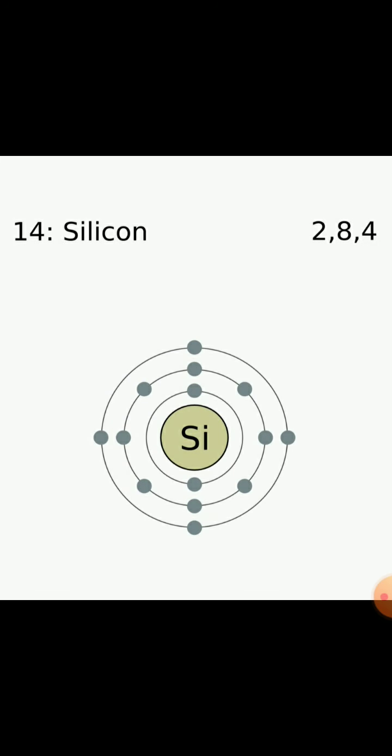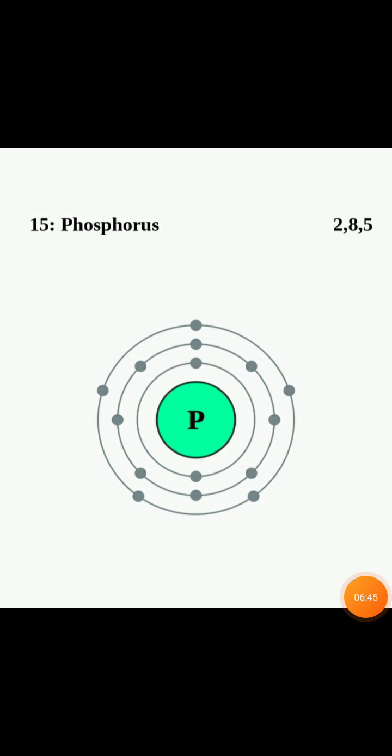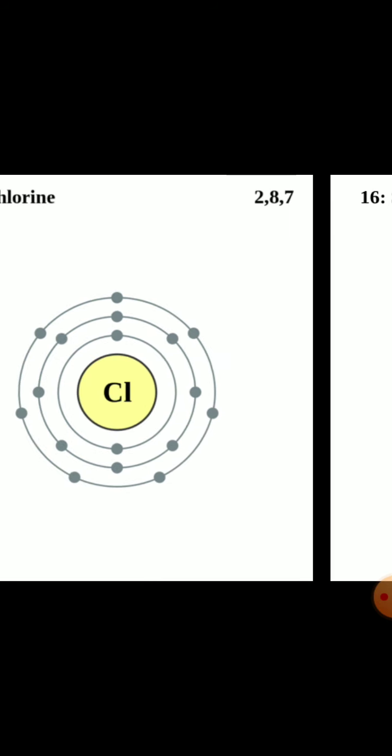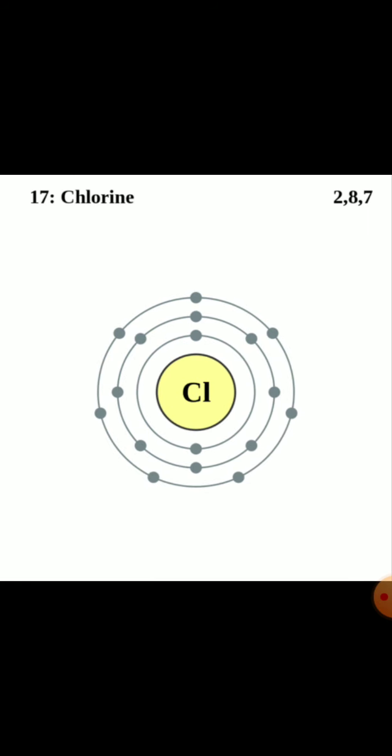Silicon, 2, 8, 4, 4 valence electrons and 3 shells. In this way, other elements also: phosphorus, 5 valence electrons but remaining 3 shells only. Sulfur, 6 valence electrons, then also 3 shells. Chlorine, 7 valence electrons and 3 shells.